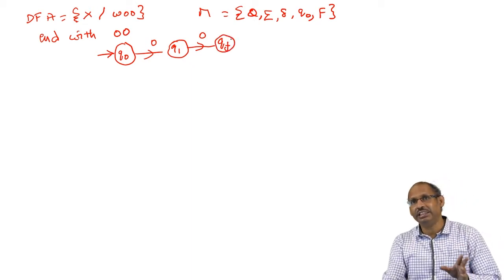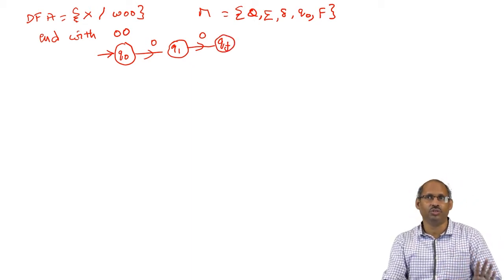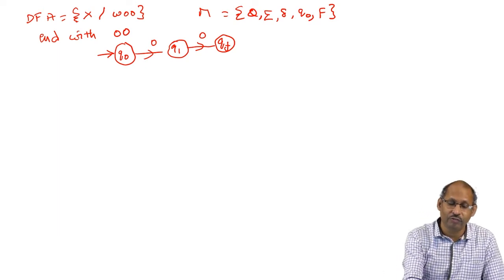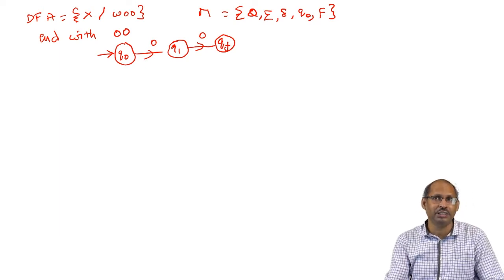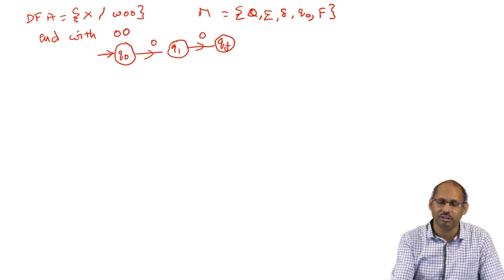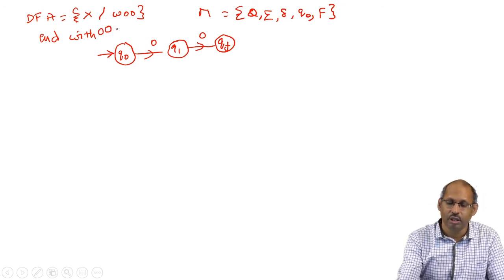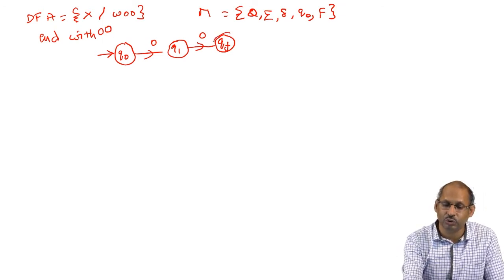Here our condition is ending with two zeros, so we have represented our condition. We consider QF as the final state.